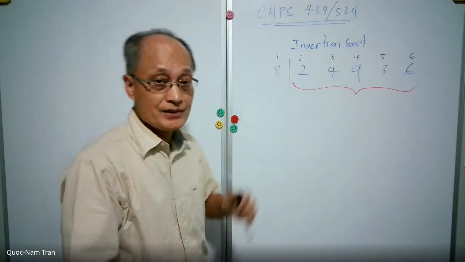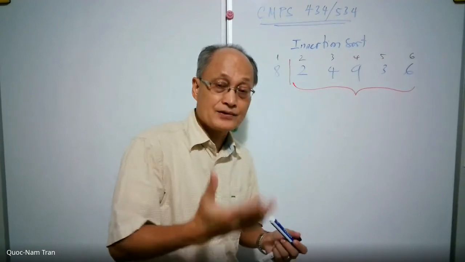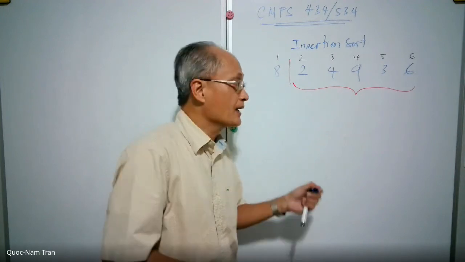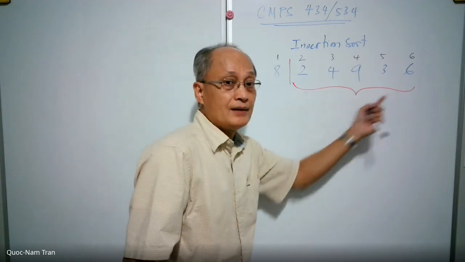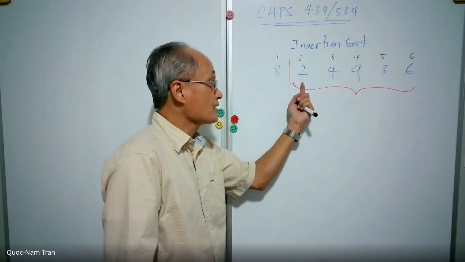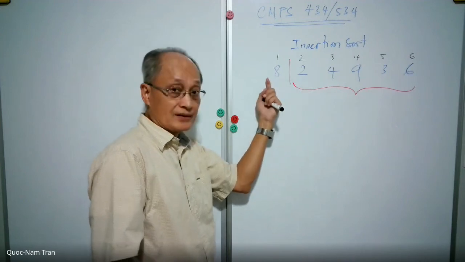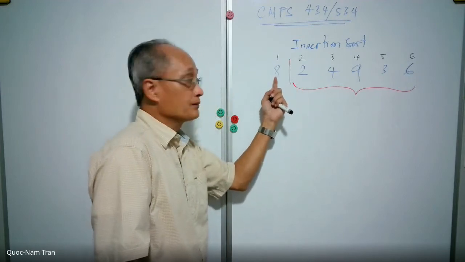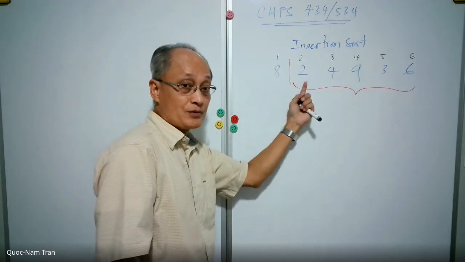So now how does it work? The insertion sort algorithm that I asked you to remind yourself of before coming to class today is that, starting with the unsorted part here, we will try to insert the first element of the unsorted part into the sorted part. How can we insert this? First, we compare with the value in the sorted part. If it's bigger, we move it to the right one position, right?